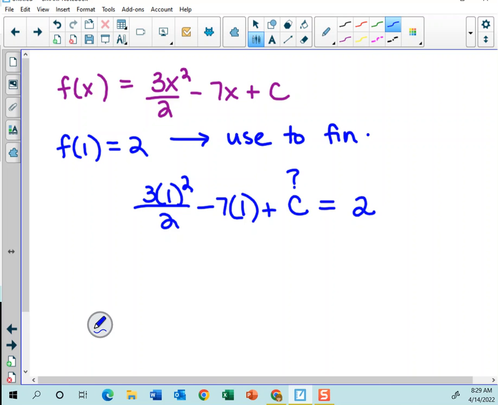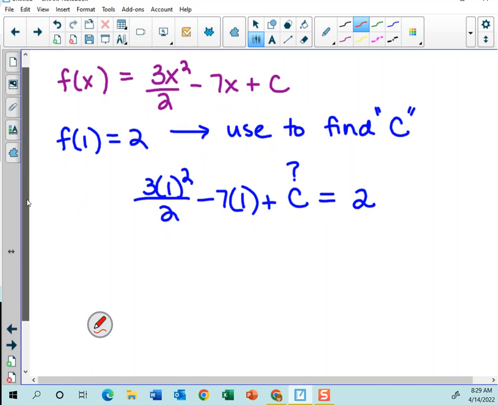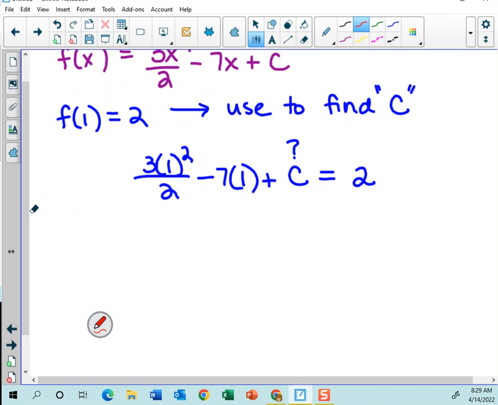The whole purpose of having this second set of information, the second clue in the problem, is figuring out what the c value is. So the c value has to be so that if I put 1 in for the x's, I would end up with a 2 for the y. Okay. So then grab my calculator if I need to, crunch out that arithmetic. 3/2 minus 7 plus c equals 2.